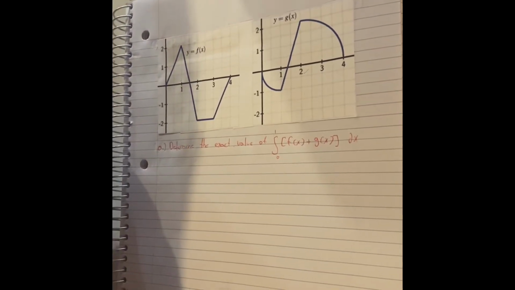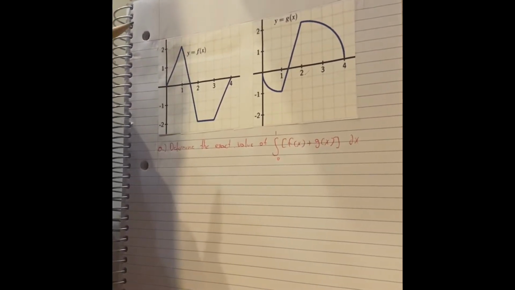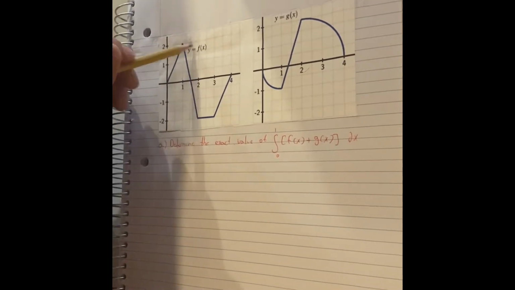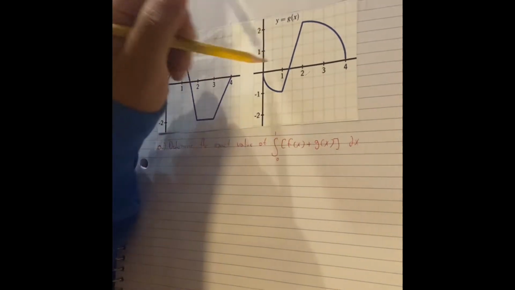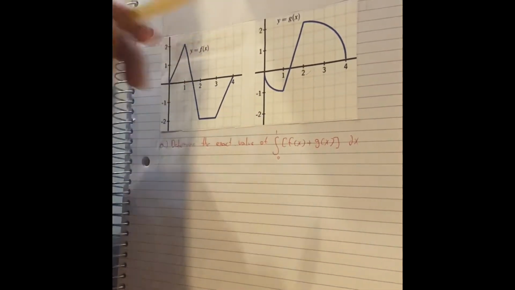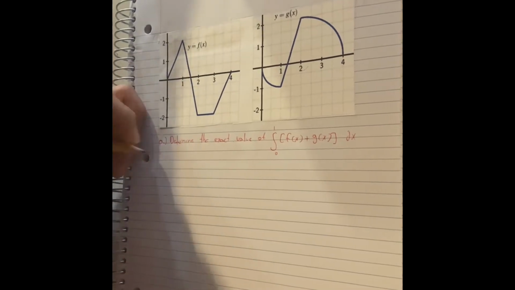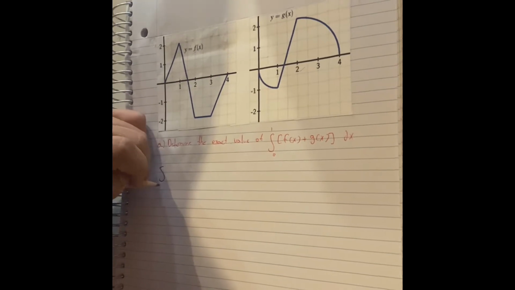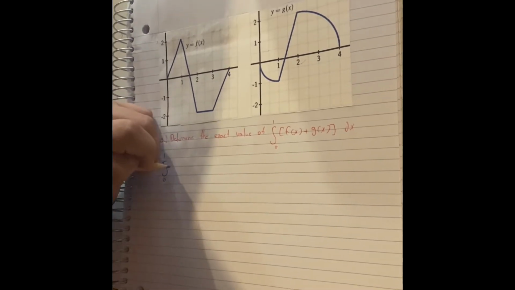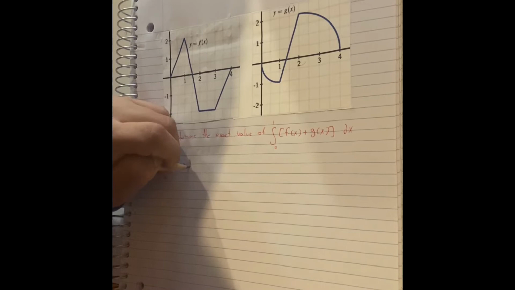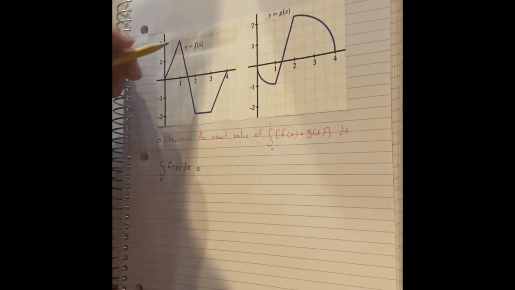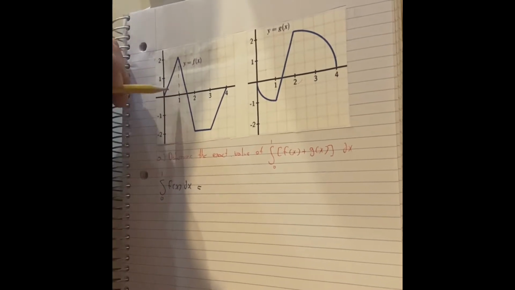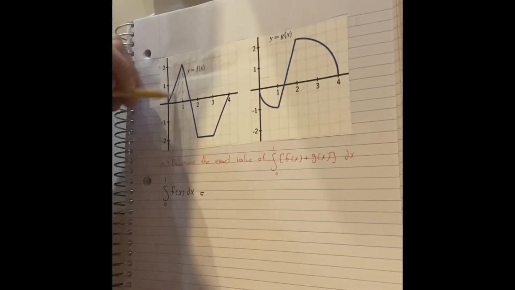So in order to do that, first we need to take the integral of f of x from 0 to 1 and then the integral of g of x from 0 to 1. So we do it like this. We have the integral from 0 to 1 of f of x dx, which is equal to, if y'all can notice, the area from 0 to 1 on f of x is just a triangle.